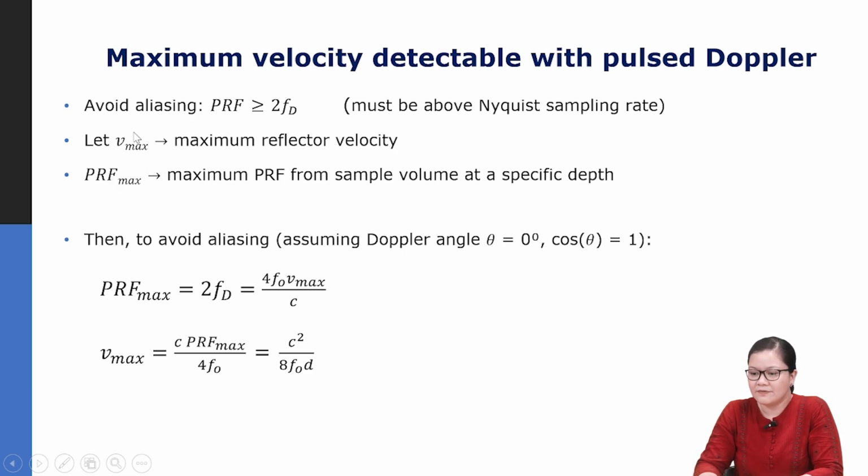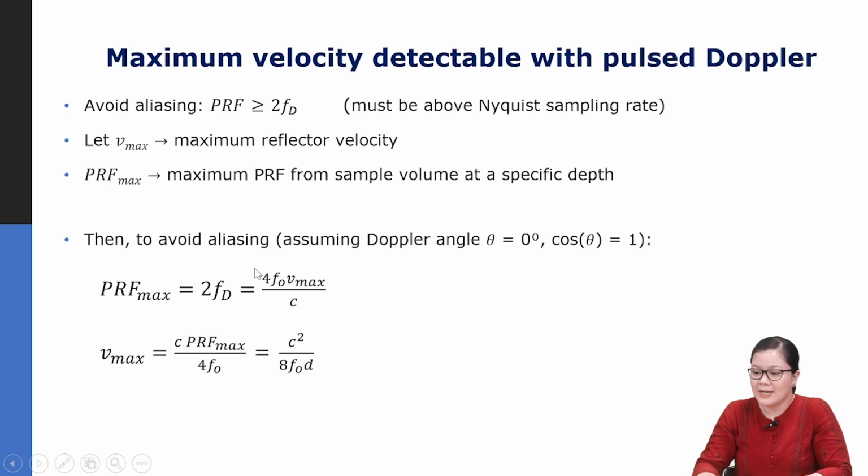Here, Vmax is what we'll consider our maximum reflector velocity. PRF max is the maximum PRF from a sample volume at a certain depth. This is within your smaller windows along the axial depths of your region of interest.